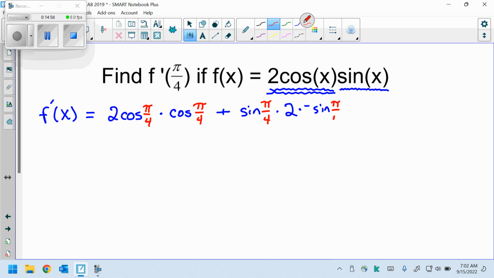And I know my unit circle. 2 cosine pi over 4, cosine pi over 4, plus sine of pi over 4 times 2 times negative square root of 2 over 2.